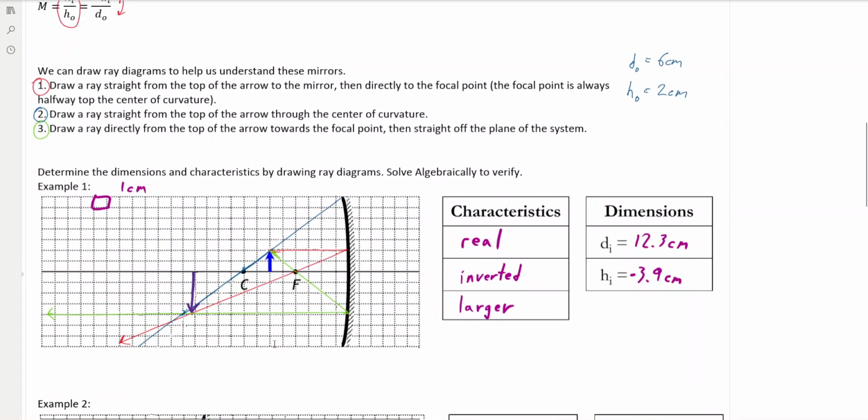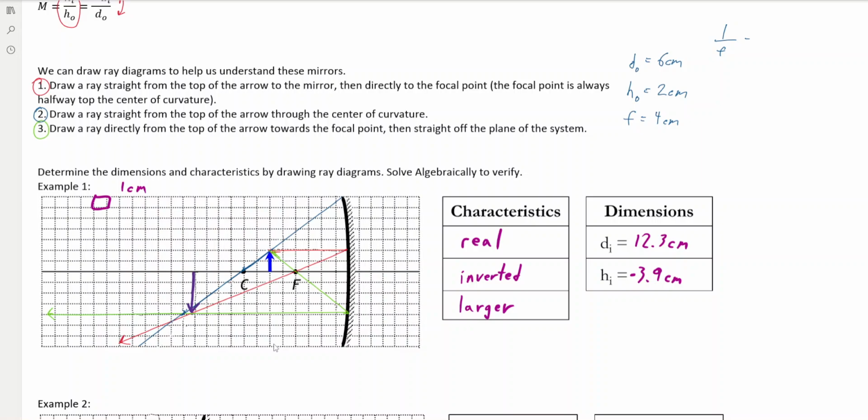Okay, so now we know the F. The distance to the focal point is 1, 2, 3, 4. So now we can use the formula from above.